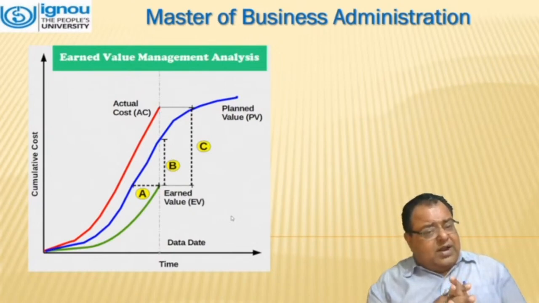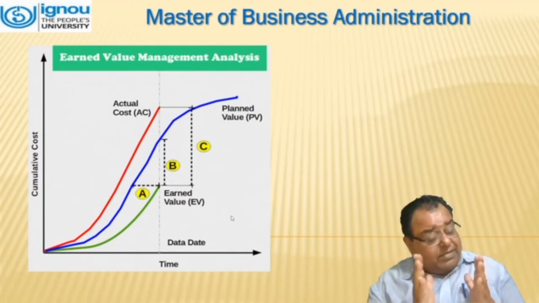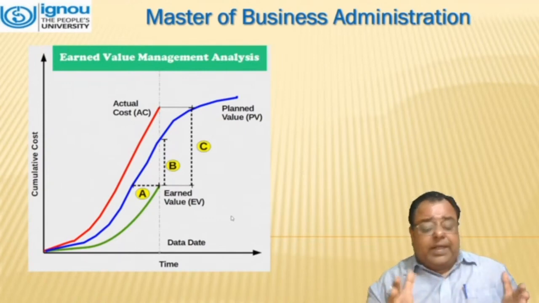If a horizontal line is drawn from the top of the actual cost line intersecting the planned value, and another horizontal line is drawn joining the green line as well as the blue line, we have three regions A, B, and C. These regions depict the current position of the project.